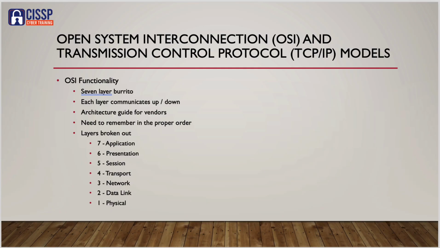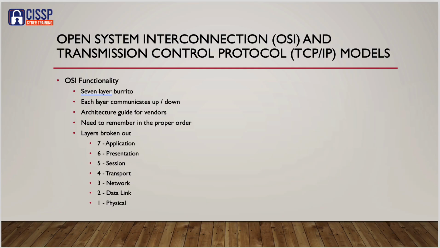Now the 7-layer burrito, each layer communicates up and down. So if you look at these different layers, 1 through 7, the physical layer, the data link layer, and so forth, they will communicate up to each other and they'll communicate down to each other. And it's designed specifically to help give a level of standardization around the overall stack when you're dealing with technology.